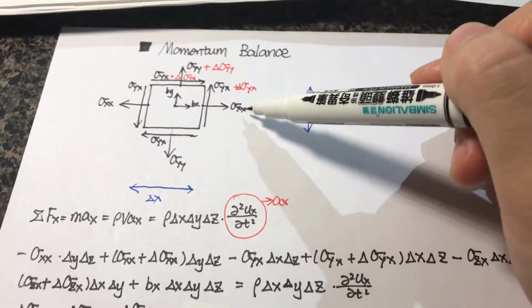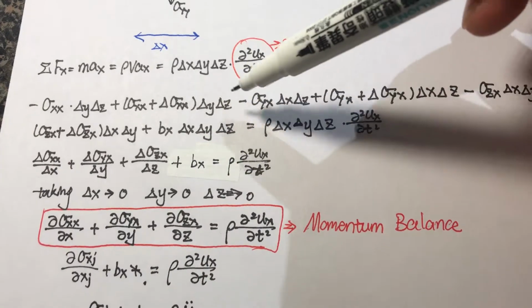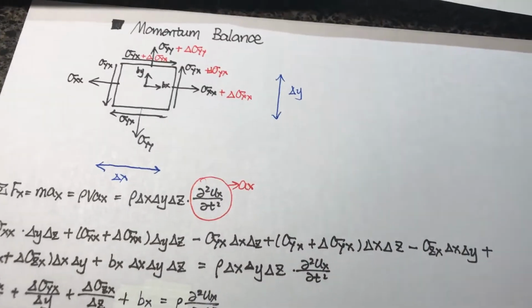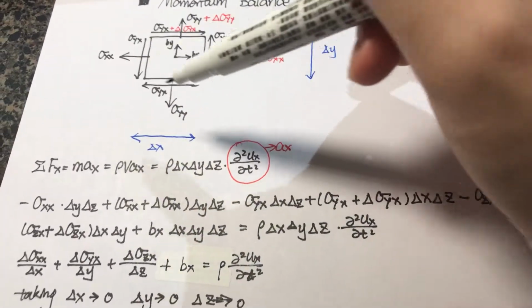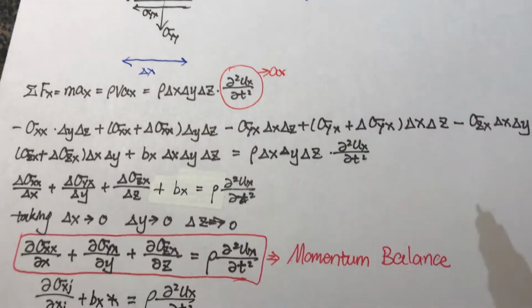And same for this side, the area is also delta y times delta z. We set the right side as positive, and the left side as negative, and the bottom as negative.